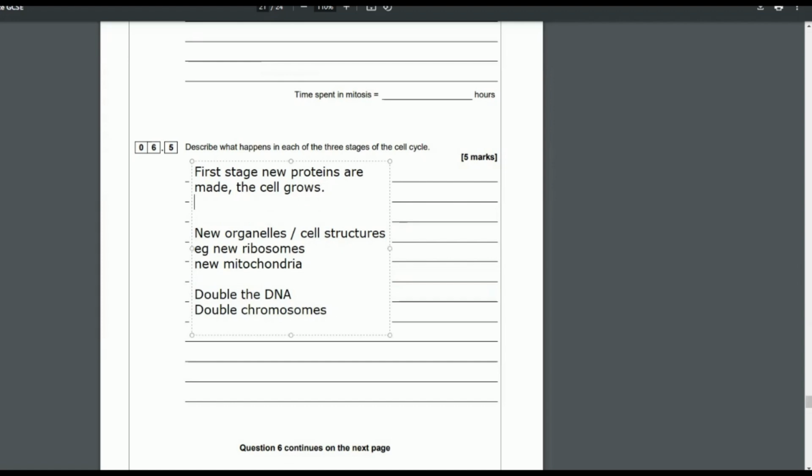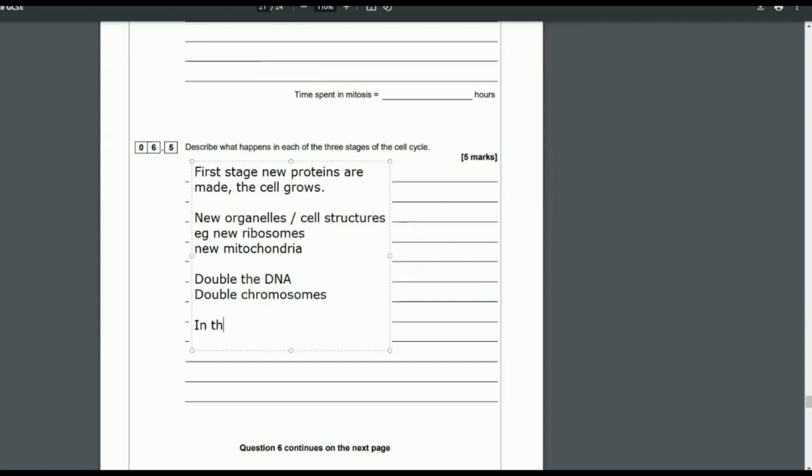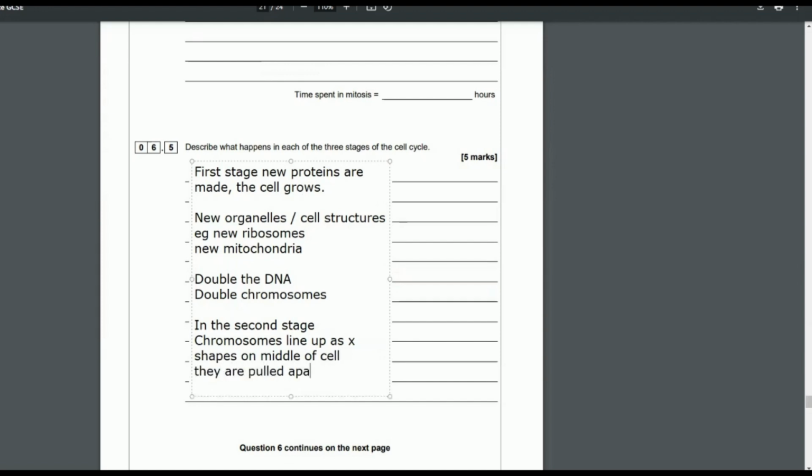Then in the second stage, chromosomes line up as X shapes in the middle of the cell. They are pulled apart, one arm of the X going to each end or pole of the cell.